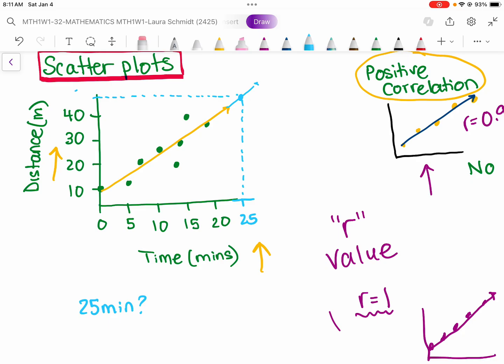I'm estimating 50 meters. So you can use your line of best fit to get some points. Or maybe I want to know after 2 minutes. So I'll just go, right here. Maybe like 12. So you can use your graph to get information. And you can go the other way, like how much time did it take to drive 30 meters? Let's see, right here, maybe 14 minutes. And that's interpolation and extrapolation.